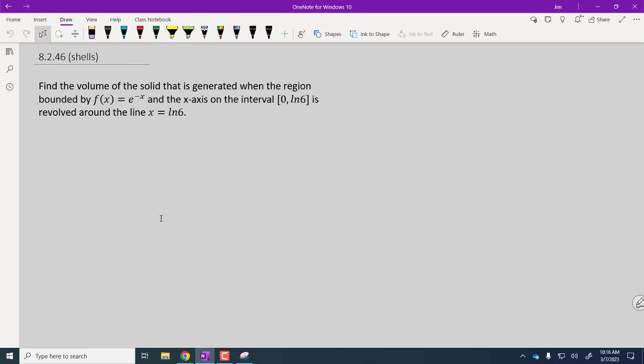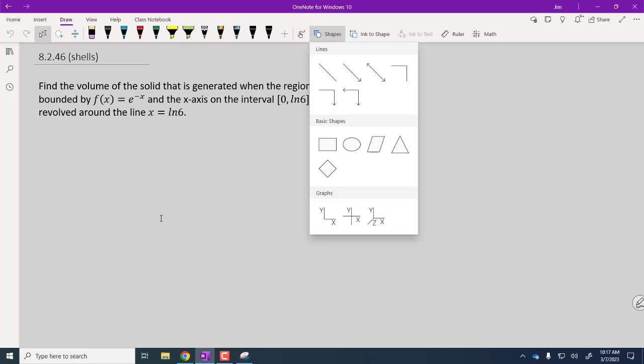Find the volume that is generated when the region bounded by e to the negative x and the x-axis is revolved around this line. Please be able to graph e to the x and e to the negative x. Those are basic exponential graphs that you should be able to graph without even thinking twice.